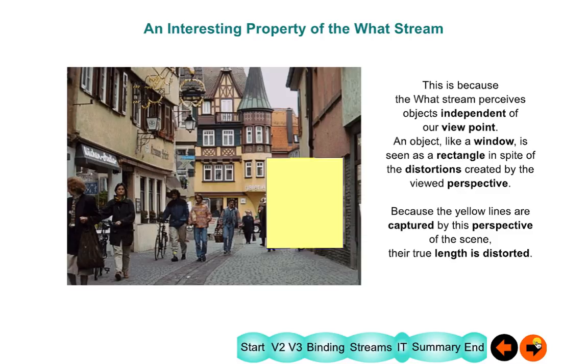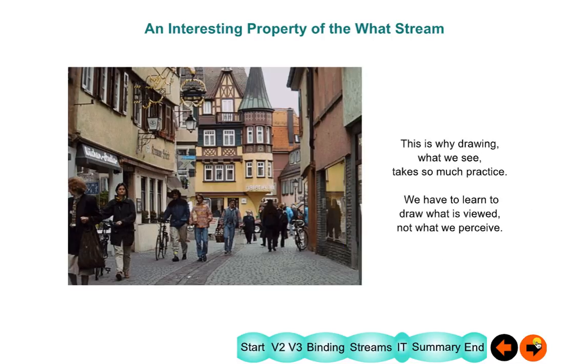And in order to draw things as they really are, you have to get rid of that distortion. So that's why drawing takes practice. What you see is not what is there.